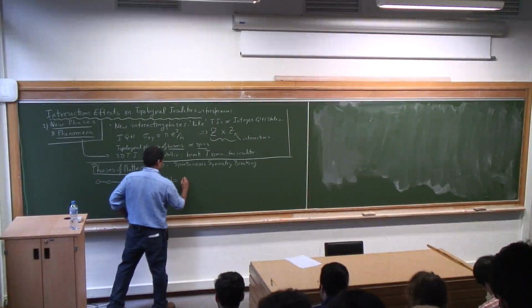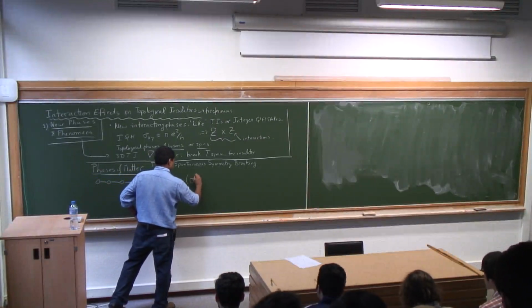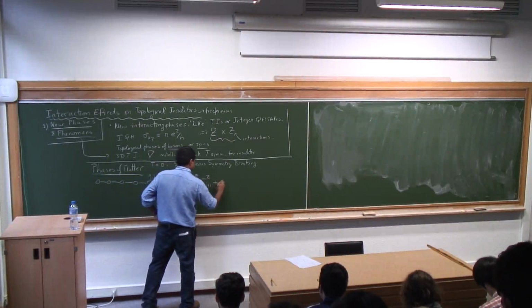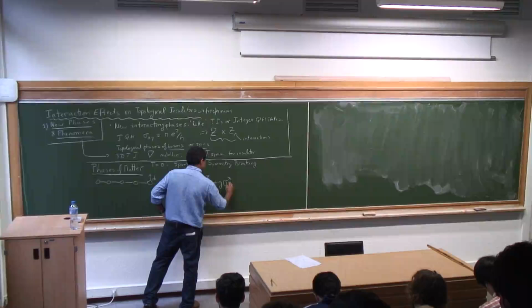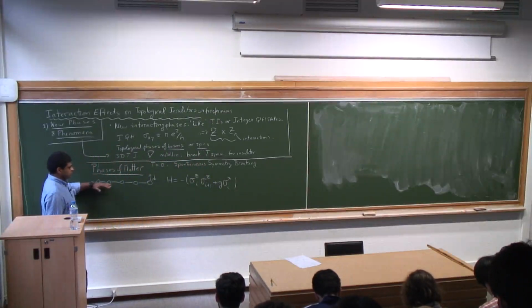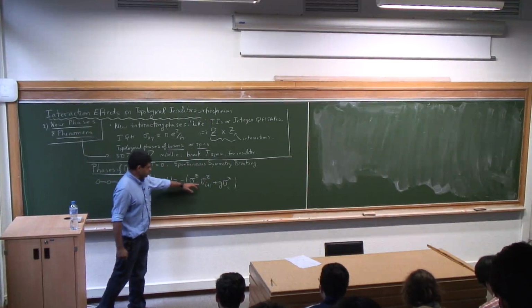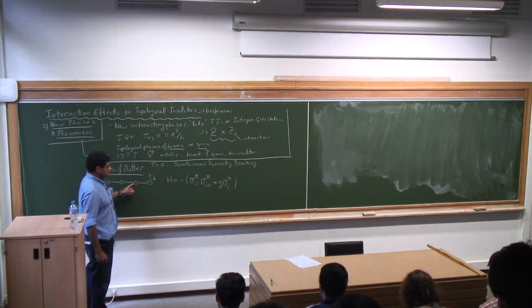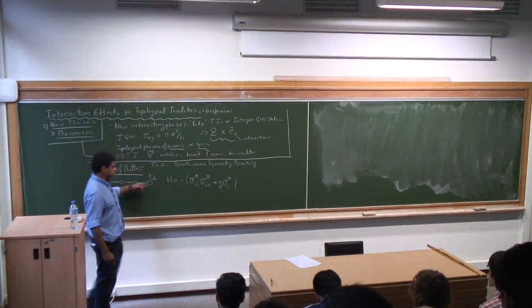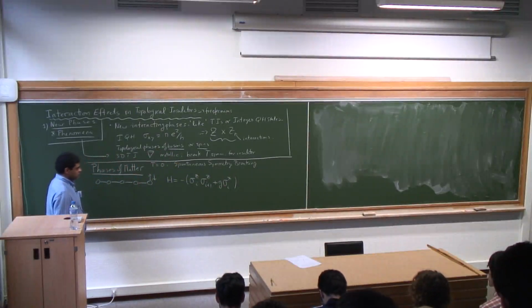So you can write down some Hamiltonian, the quantum Ising model. There's one term that likes to make the spins parallel on adjacent sites, and there's another term that competes with it, which is a field in the x direction. This Hamiltonian has two phases.